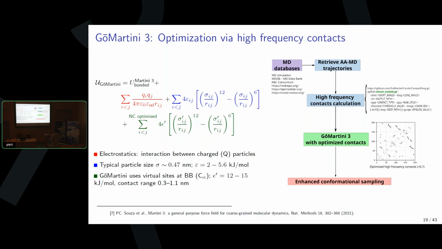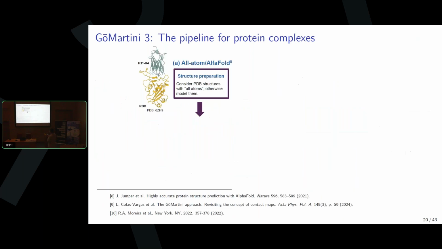We have developed, with our PhD student Gustavo Olivos together with Fernando Cofas, a script that takes trajectories from any of these sources, or your own trajectories, and filters the most important contacts. Having those, you can create a contact map and then provide it to Martini 3, right? Then we test it, and of course we need to validate whether the new set of contacts is also relevant. Okay, so this is basically the main idea.